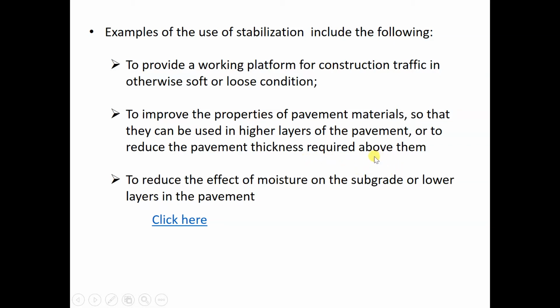So a certain type of aggregate that we use could be of a certain strength, but with stabilization, whether you mix it with cement or the foam or the bitumen, then actually it can provide a higher strength. Okay, so the stabilization can upgrade the pavement material to a higher strength.